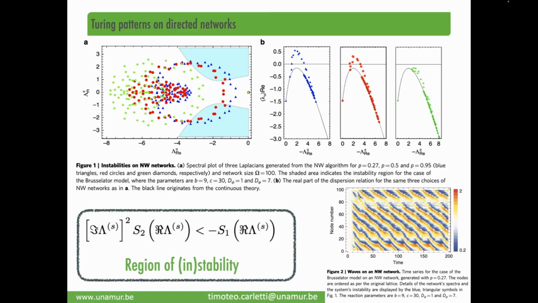If the spectrum falls inside this part, then you have a Turing pattern, while if it's in the white part, you don't have it. Okay, and now you can have a new kind of pattern that is more like waves, because of the imaginary part of the complex spectrum. Now you can have also a temporal evolution, not just a spatial one. And so they are called Turing waves or quasi-waves.